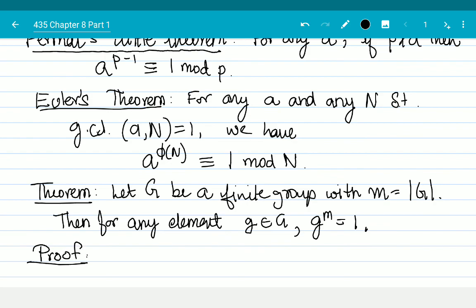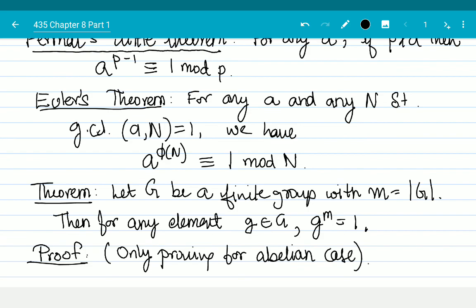We are only going to prove it for the abelian case.